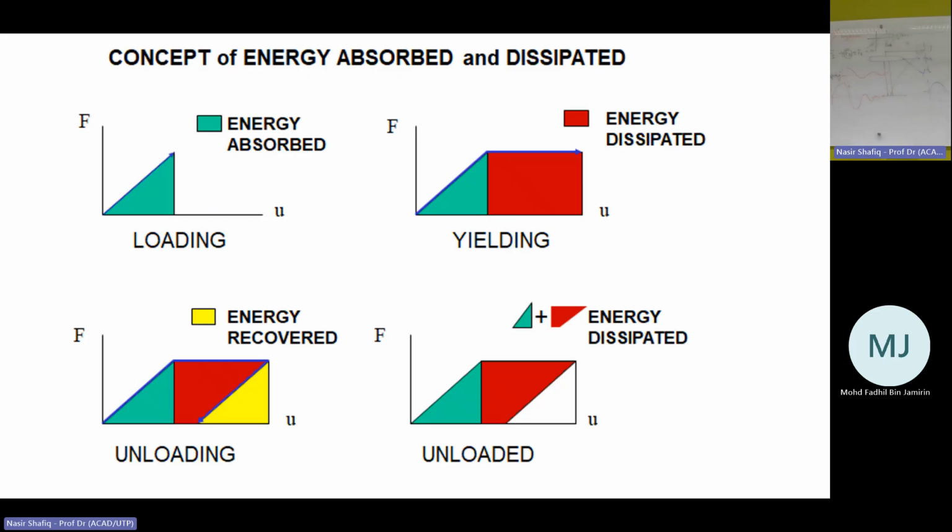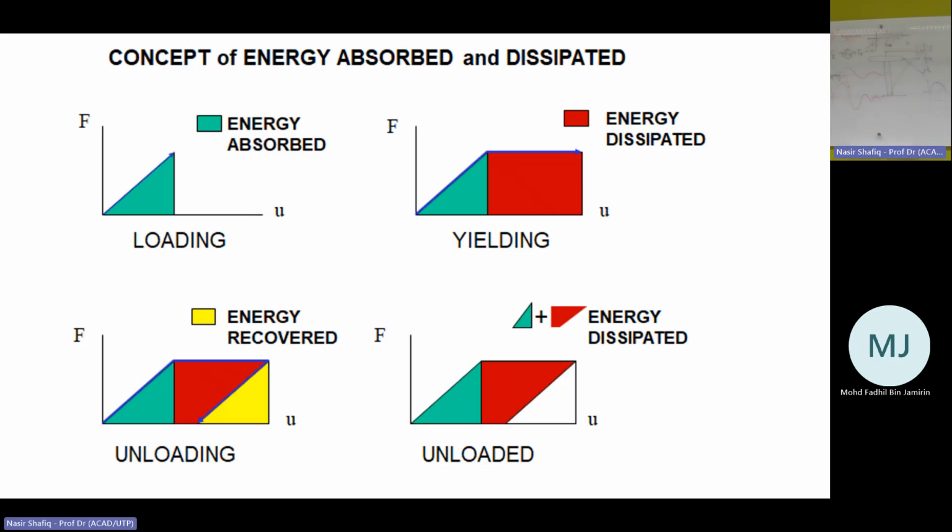So when you are unloading, you start from this position, and after unloading it stops at this position, which is the elastic recovery. So this amount of energy will be returned back. When unloading, it moves and stops here.